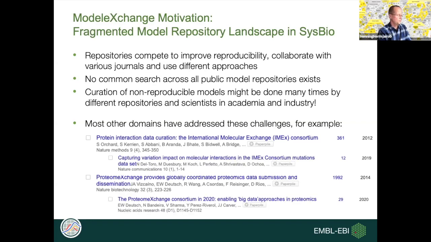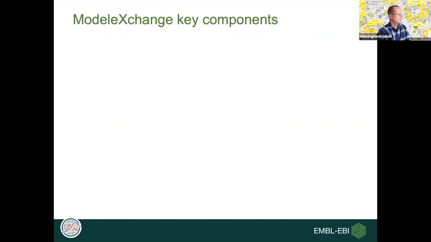These are heavily well cited, and both of these consortia are still very active nowadays and have really helped to unify the domain towards more consistency in providing data in their respective domains. And this is really something which I hope we can achieve also for systems biology.